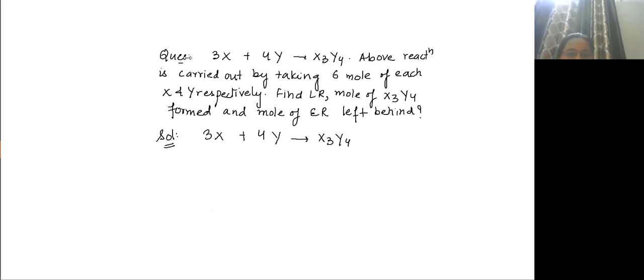Majority of students are making mistakes. Okay, class, let's see. 3X plus 4Y react and will give X3Y4. So this is 6 moles, this is 6 moles. How will you find out the limiting reagent? 6 divided by 3 is 2. This is 6 by 4. 6 divided by 4, what will you get?